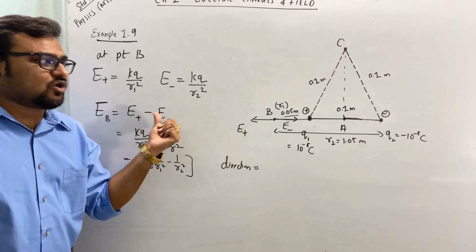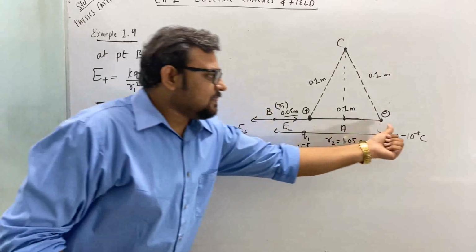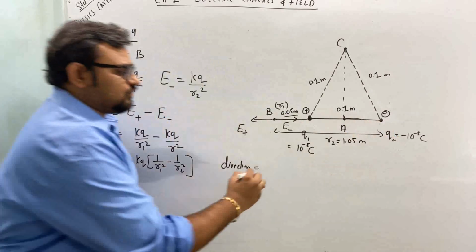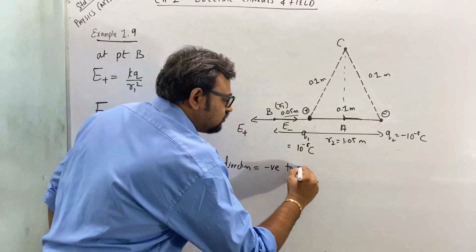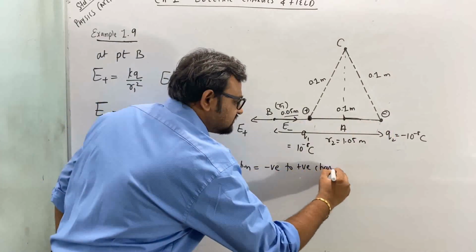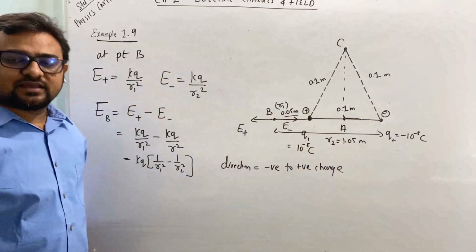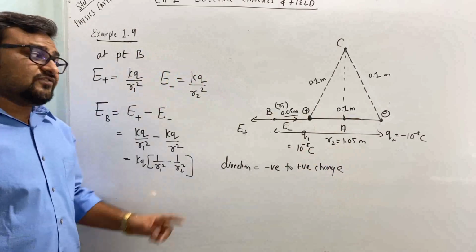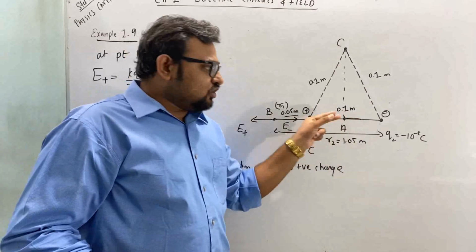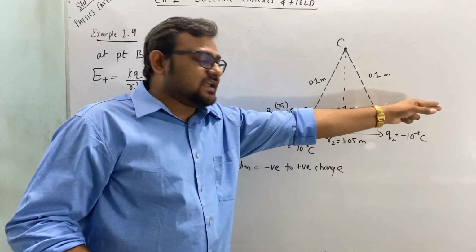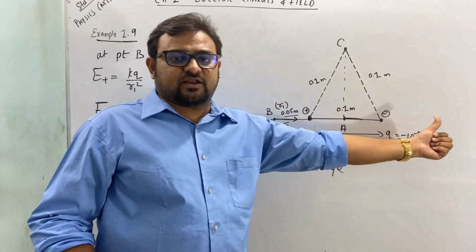So the direction of it will be from negative to positive charge. Or else I can also say from A to B. Clear? In the first case, when both were in this direction, the direction was from positive to negative.